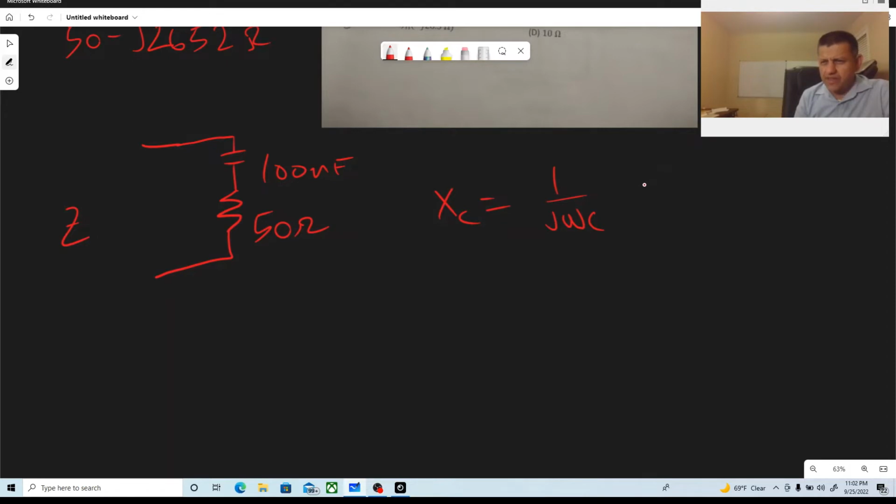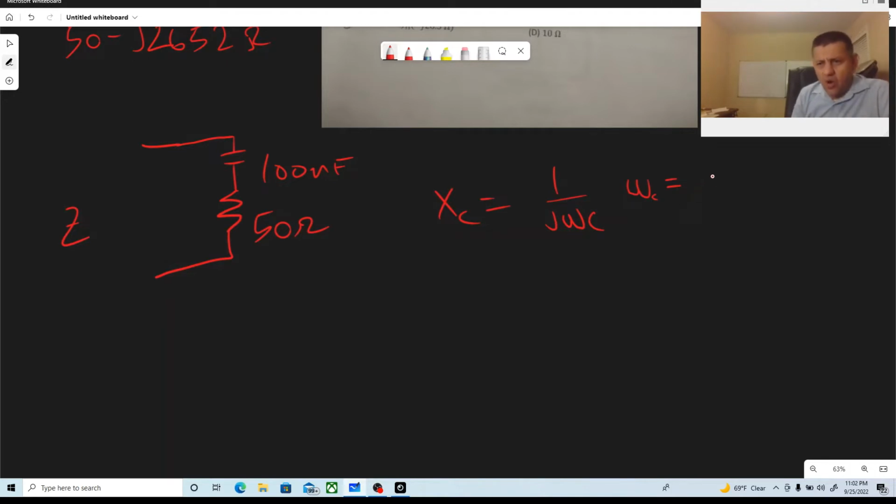Omega is the frequency and C is the capacitance. Sometimes the books write it with a little c, omega c, which says that this is a frequency related to a capacitor.